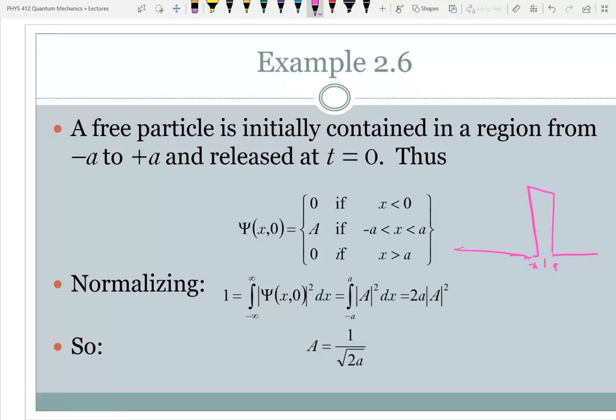Is this normalizable? The wave function is 0. It's a free particle. It's not free. It's constrained to be in this box. Now, it's not a particle in a box.